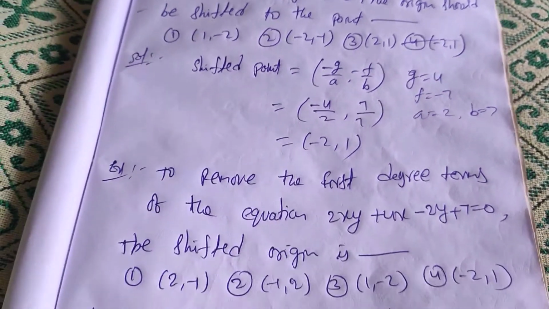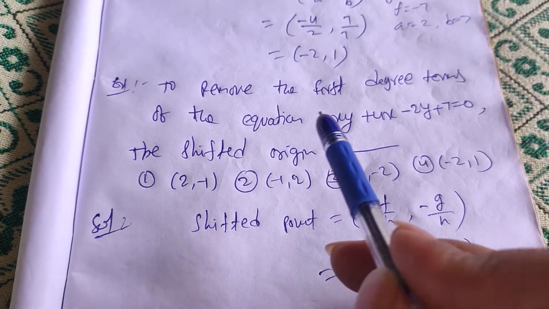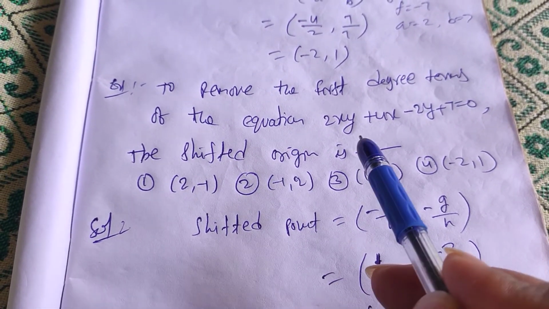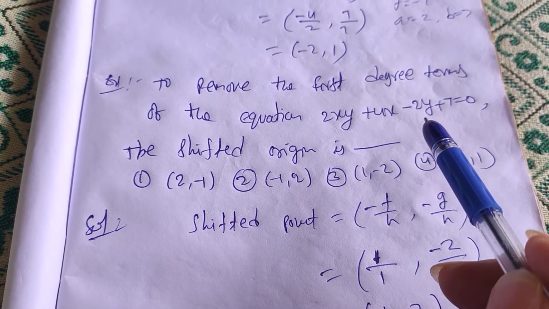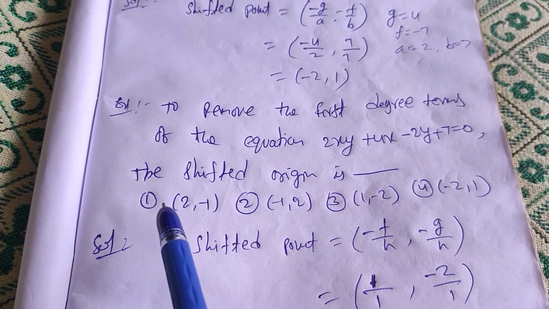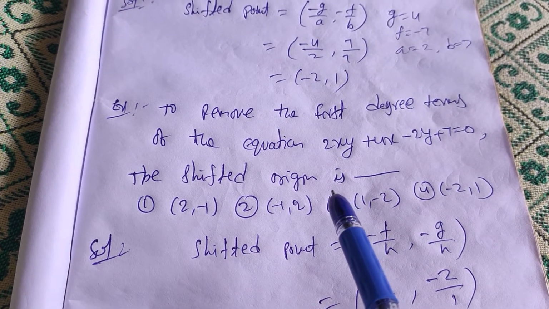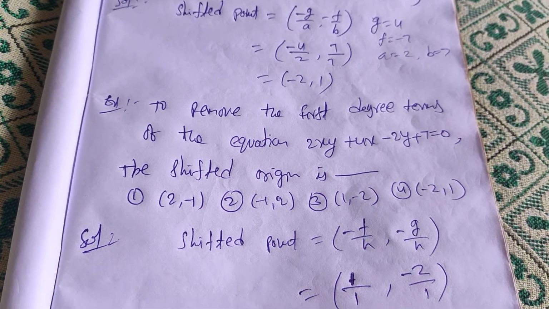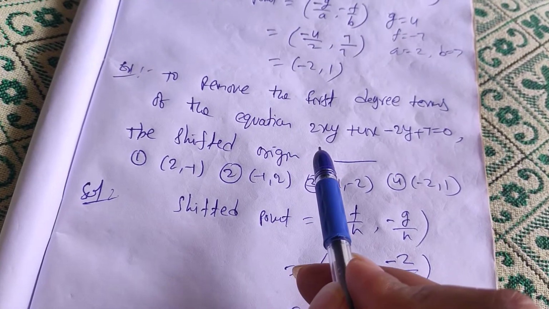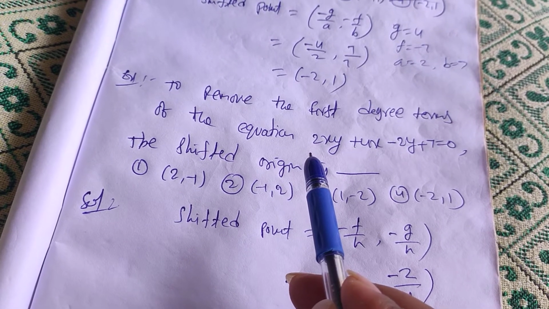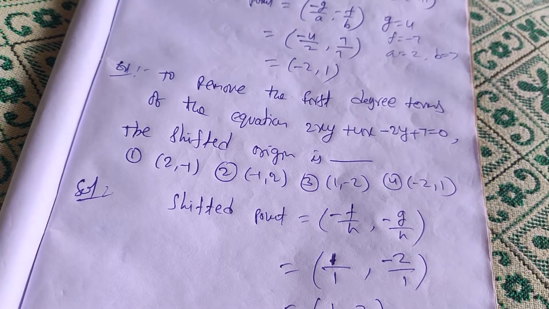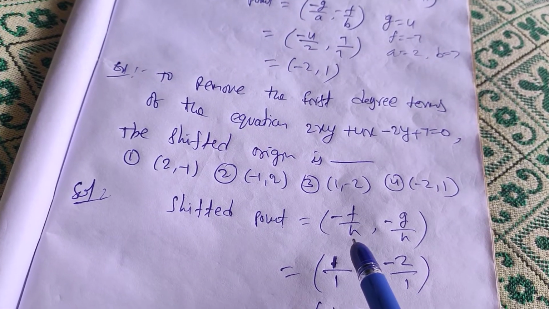So fourth option. Next question is, to remove the first degree terms of the equation 2xy plus 4x minus 2y plus 7 is equal to 0, the shifted origin is. To remove first degree terms means the x, y terms. Here there is no x square term or y square term. Then the point to which the origin is shifted is minus f by h comma minus g by h.